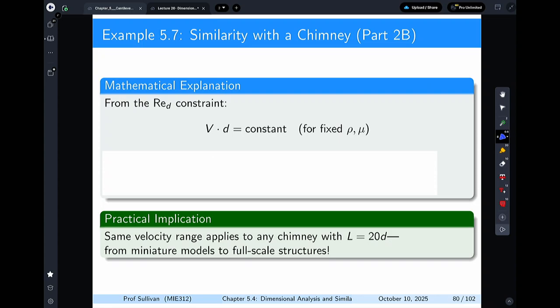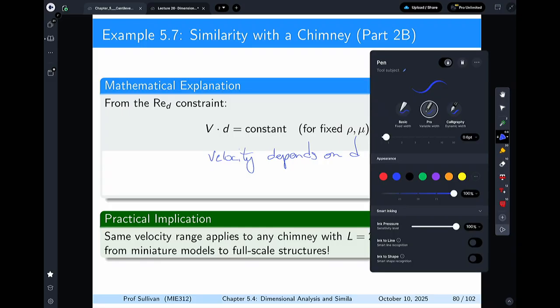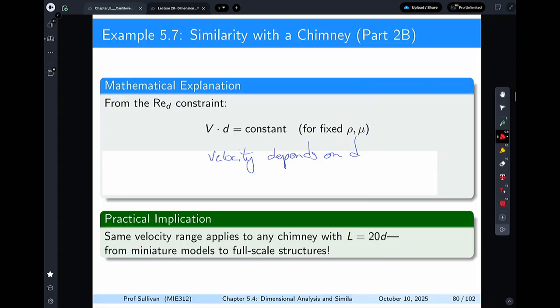For the Reynolds number constraint, it only depends on D. And one of the things you have to realize is you have to choose the object that's causing the disturbance or affecting your flow the most.